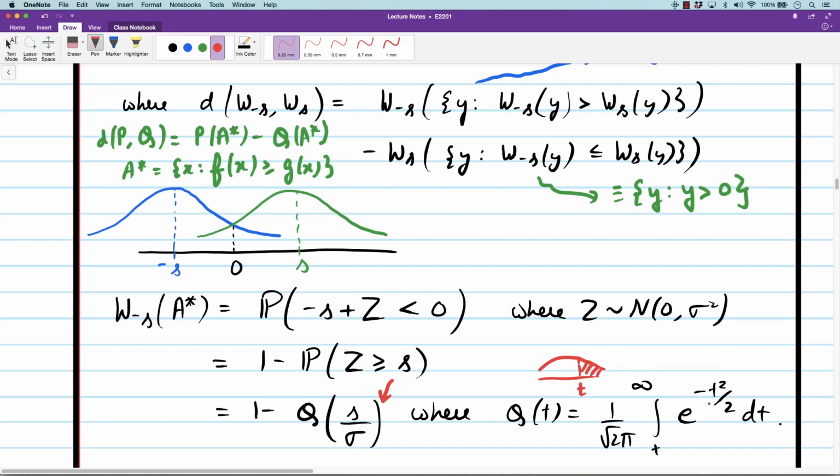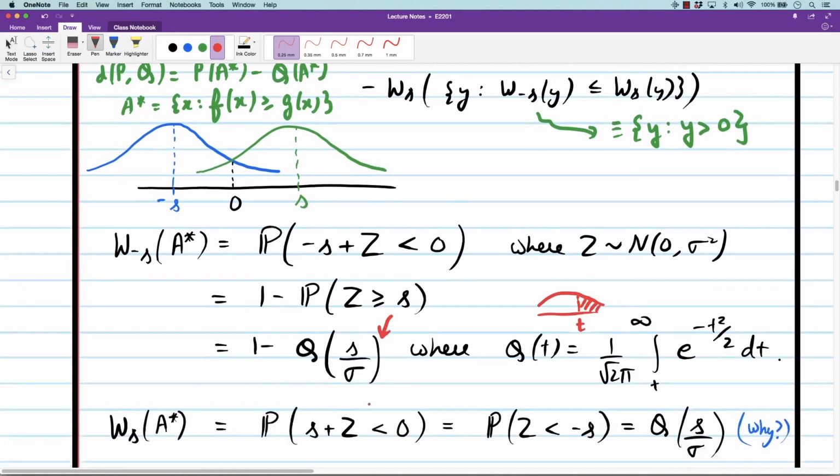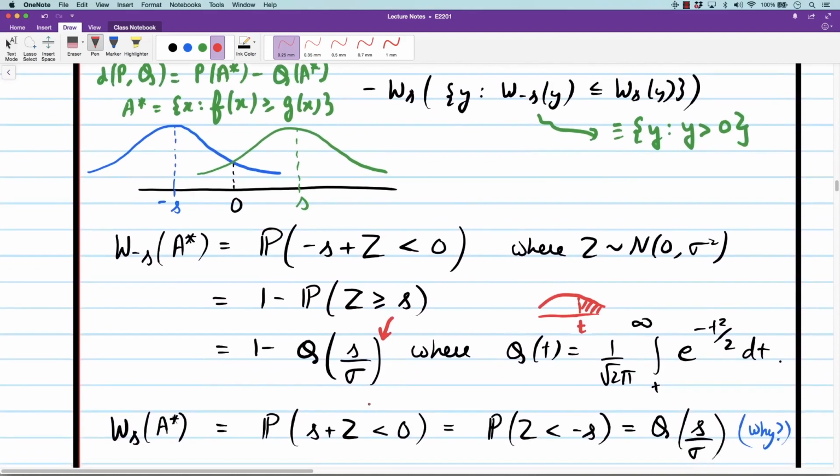You divide by sigma because, in this notation, the Q function corresponds to a standard normal random variable, but we are looking at a normal random variable with variance sigma squared. So we divide by sigma and then it's the same thing. This is how the Q function is defined. Similarly, W s of A star is equal to Q of s by sigma as well. So this is 1 minus Q of s by sigma, and this is Q of s by sigma. You can verify this.